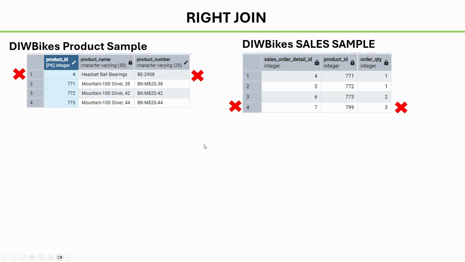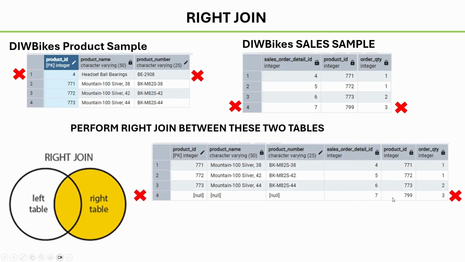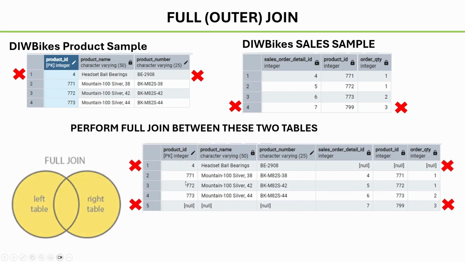For the right join, it is just the opposite. This becomes the right, this is the left, and we have access to all the records on the right table, and then we only have access to the matching records on the left table, and the ones that are not matching are replaced with null. The same thing here as well.